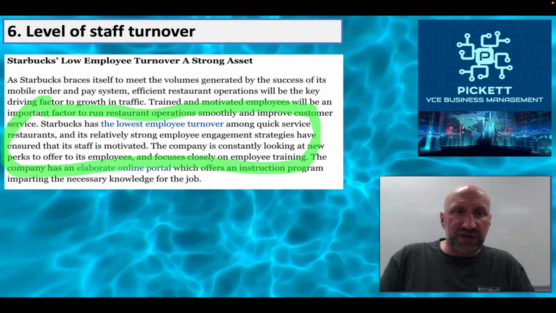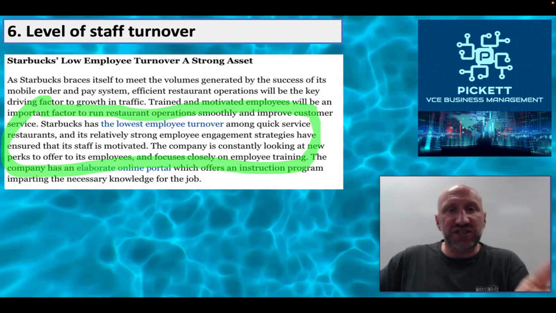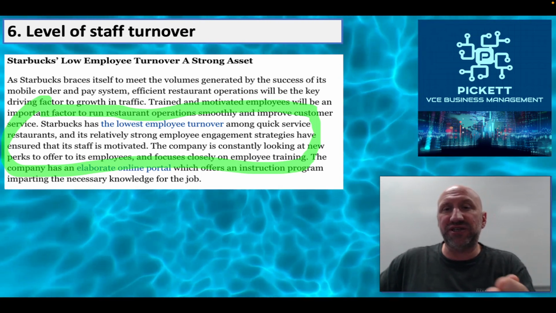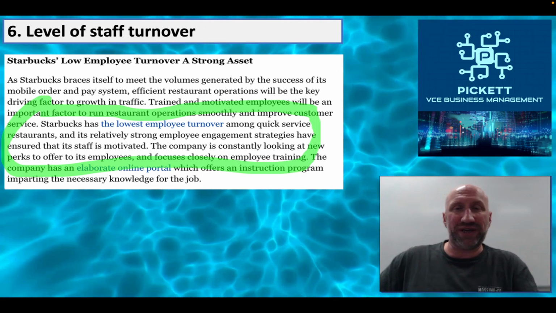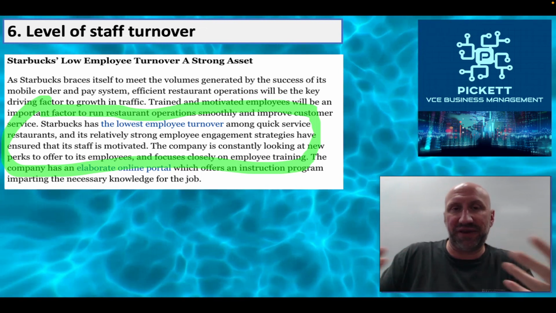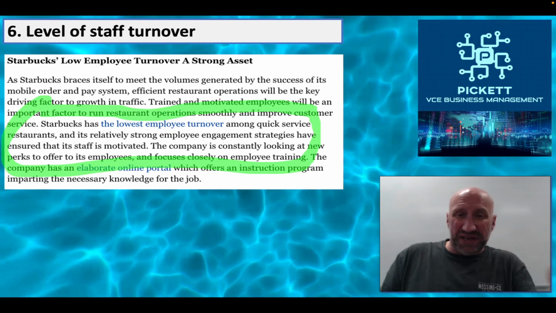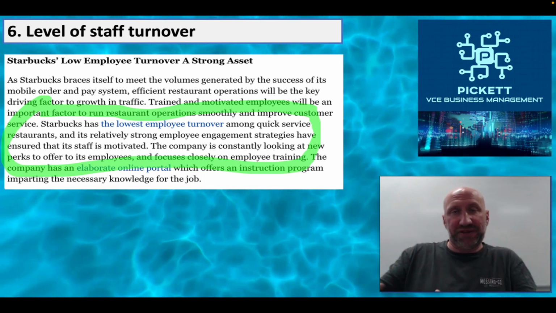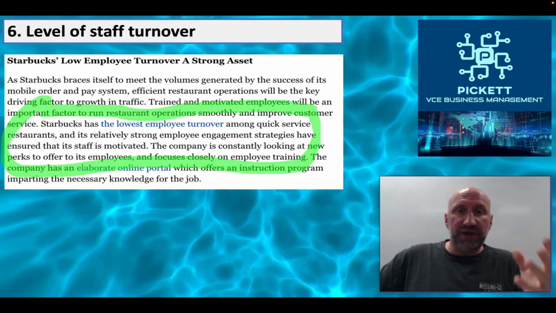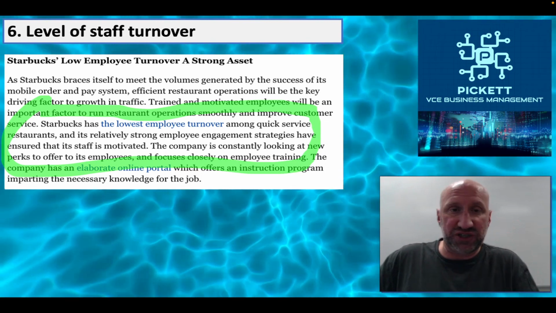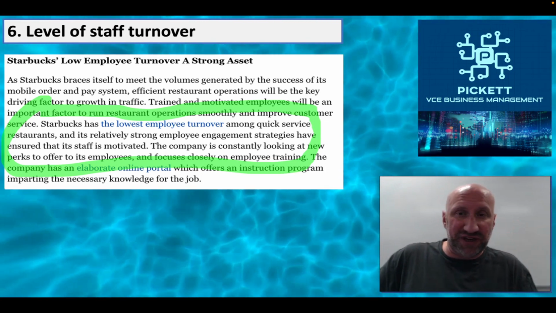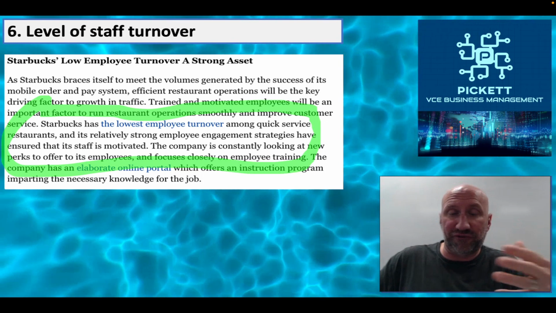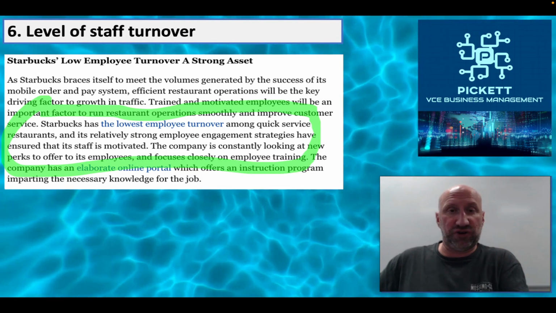Train and motivate employees, an important factor to run restaurants smoothly. Starbucks has the lowest employee turnover among quick service restaurants. So that's how they're defining them, and it then tells you a bit about why. I've read about this as well, and this is kind of true. It has really strong employee engagement strategies. It makes sure its staff are motivated, constantly looks at new perks to offer employees, and focuses on training.